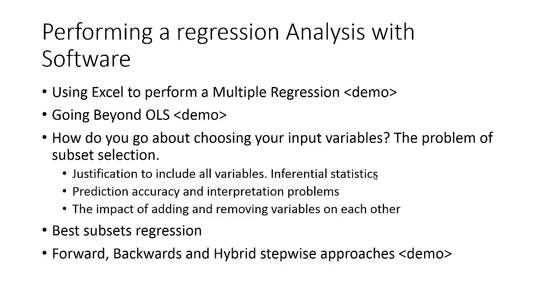We're going to look at the case where there are multiple input variables. So let's start by setting up an example, and I will show you a demonstration in Excel for performing the multiple regression, and we can talk about some terms that you might encounter when using this software.